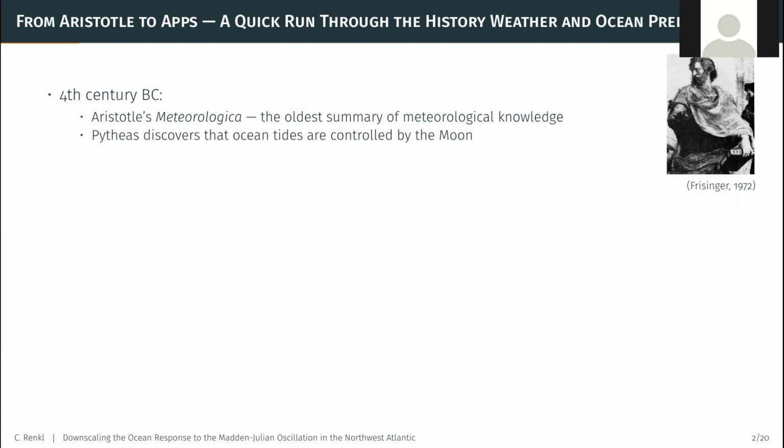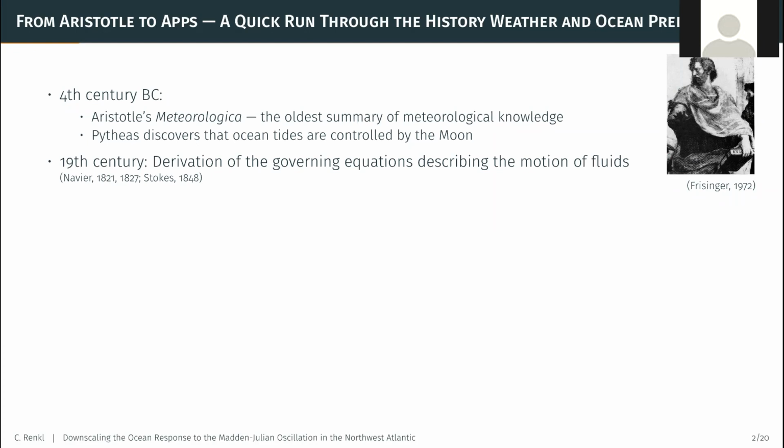And around the same time, it was Pytheas that discovered that the ocean tides were controlled by the moon. However, it took then centuries or thousands of years to actually describe the environment mathematically.